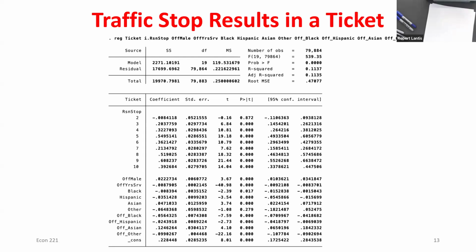The reason for the stop matters: if I'm pulled over because I was speeding versus there's a warrant under my name, the likelihood I get issued a ticket might be a little different. So here I'm controlling for the reason why the traffic stop was made, the officer's gender, years of service, and race. Now the effect if the driver is black looks like they're issued tickets at slightly lower rates, or a slightly lower probability of getting issued a ticket. And I can say that's statistically significant at the 90 and 95% level.